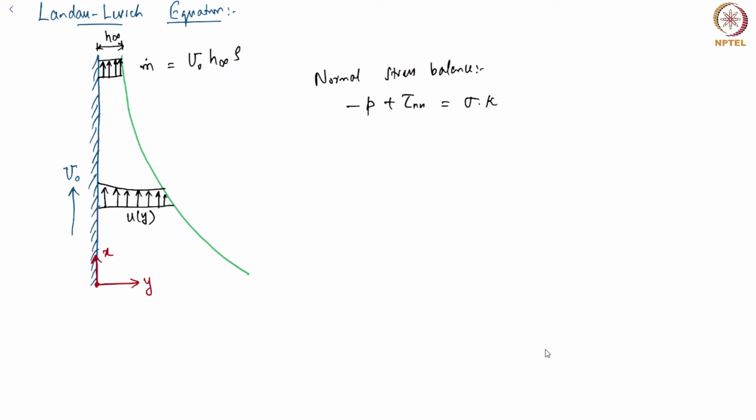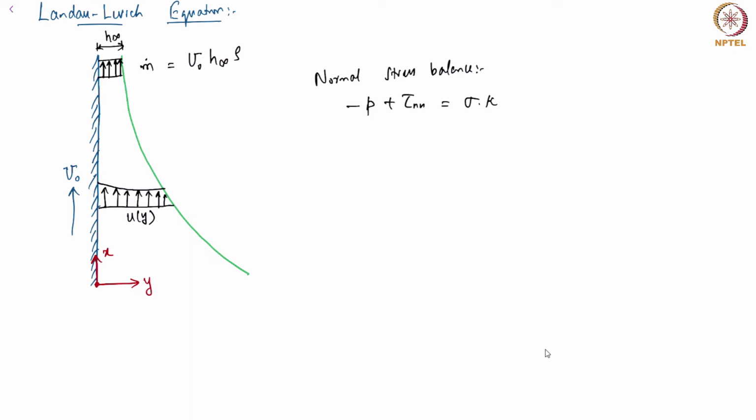But if most of the flow is parallel to the plate, then the dominant velocity component is u as a function of y.